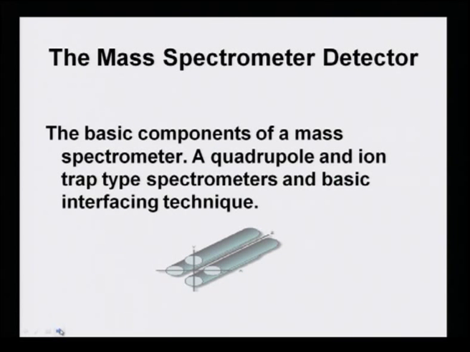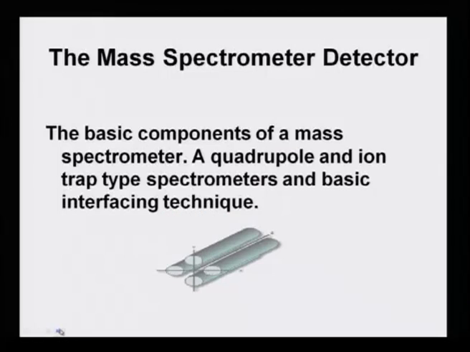The basic component of the mass spectrometer is that it is made up of a quadrupole or an ion trap, which means that the beam of fragments must be detected at some level, and this detection is carried out either by a quadrupole or an ion trap, as the name suggests.